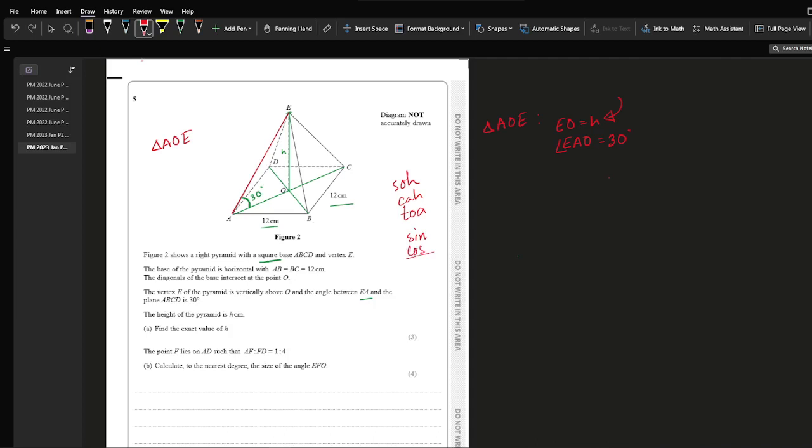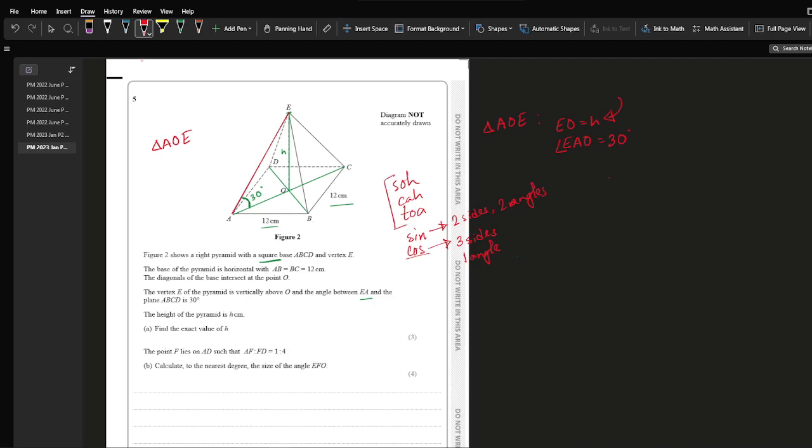In order to use cosine rule, as I've mentioned in question 2, we need 3 sides and 1 angle. The cosine rule gives us a relation between 3 sides and 1 angle. Sine rule gives us a relation between 2 sides and 2 angles. These are for any triangles, and SOHCAHTOA is only for right angles.